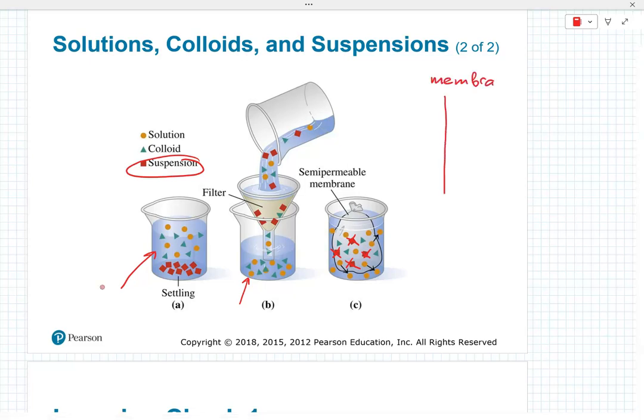On one side, you have solutions and colloids. Okay, does that make sense? We got rid of suspension. We filtered. So the true solutes will cross the membrane. The colloids will not be able to.